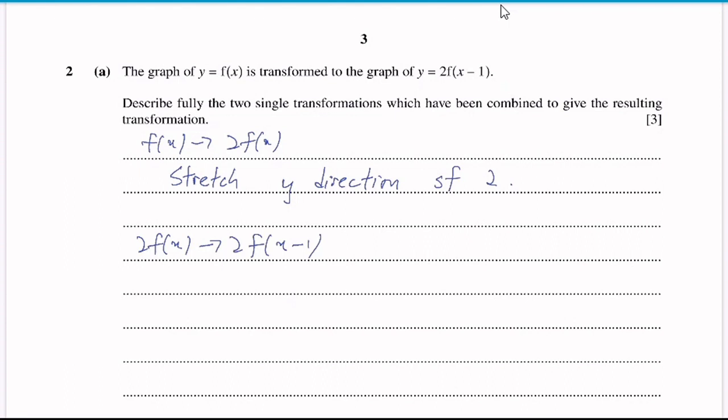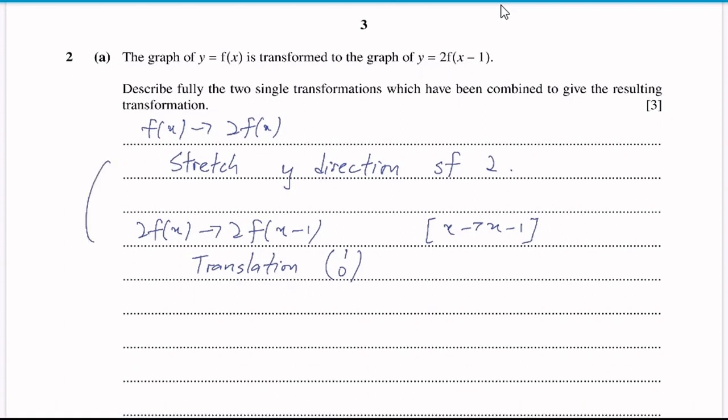So from x, it becomes x minus 1. This is when we have a translation. So it's a translation in the x direction, which is (1, 0), because x becomes x minus 1. In the x direction, the transformation is the opposite of what we usually think. So this is a translation of (1, 0). The order can be interchanged.